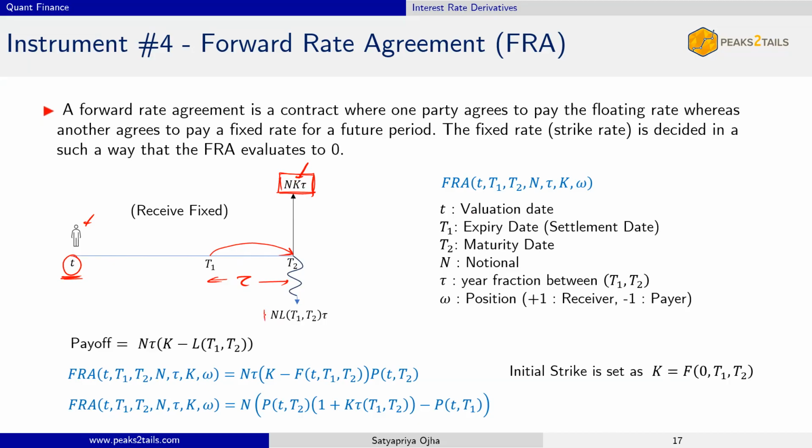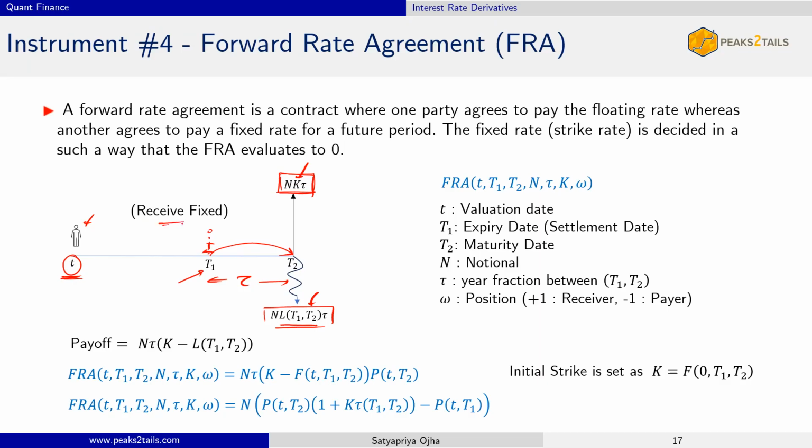You give me a floating rate, which we will know when we arrive here. When you get to T1, you will see this rate L(T1, T2), and the floating coupon will become N times L times tau. L is not known. Until you get to T1, you don't know L. Okay, so this is the arrangement.